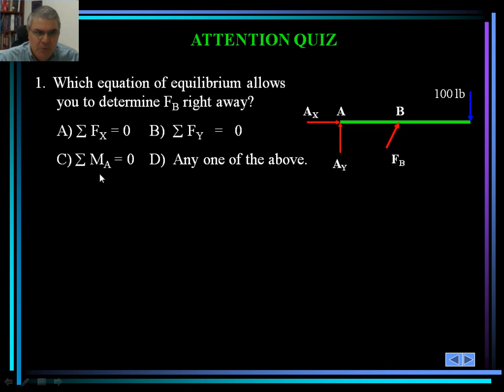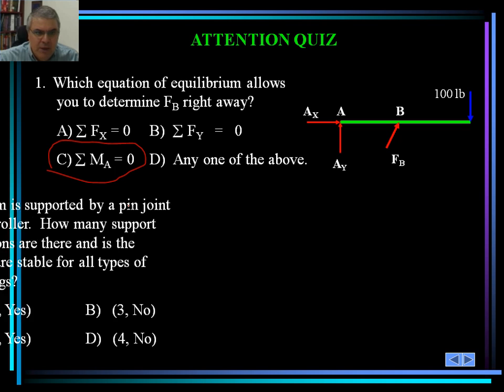Let's see which equation of equilibrium would allow us to determine F sub B right away. We've done two problems similar to this. A summation of moment about point A would actually eliminate the other unknowns except F sub B. So that would actually help with that. Okay, summation of moment about point A, and that's the correct answer.